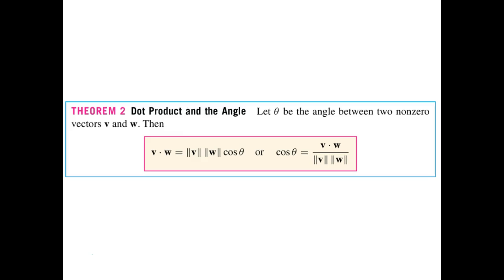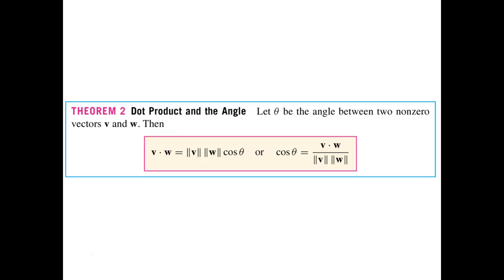So the angle between is the acute or obtuse angle between the two, nothing beyond pi, 180 degrees. With that in mind, another definition of dot product is the magnitude of V, a scalar quantity, times the magnitude of W, another scalar quantity, times the cosine of the angle in between them.